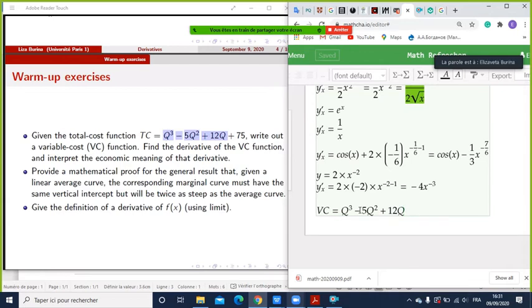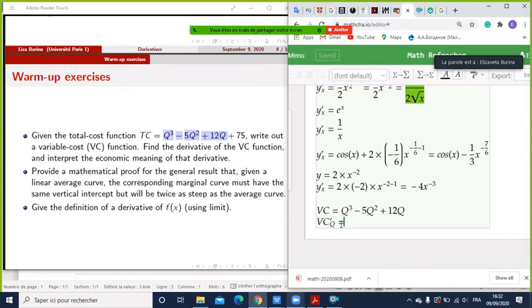Find the derivative of the variable cost function. I obviously mean the derivative with respect to Q, right? So I want to know how variable costs change when I increase my Q by 1. And also, this is going to be a function, not a constant number, because it depends where we are in our production process.